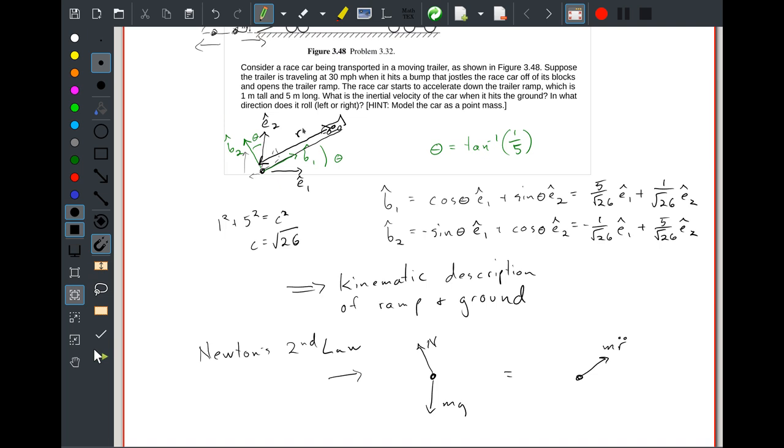So here r is decreasing. The total force is going to be the sum of N plus that mg vector.